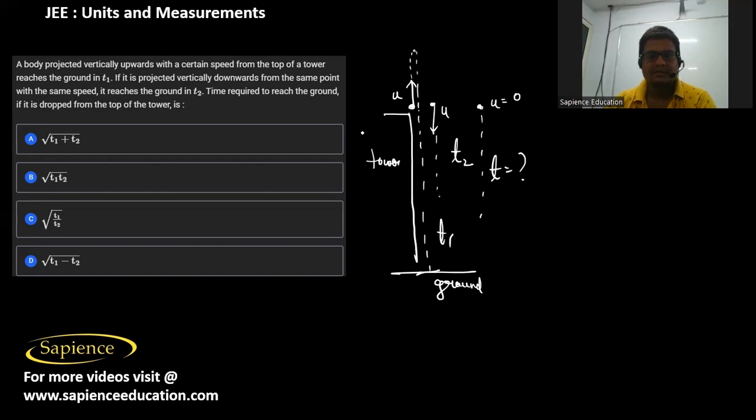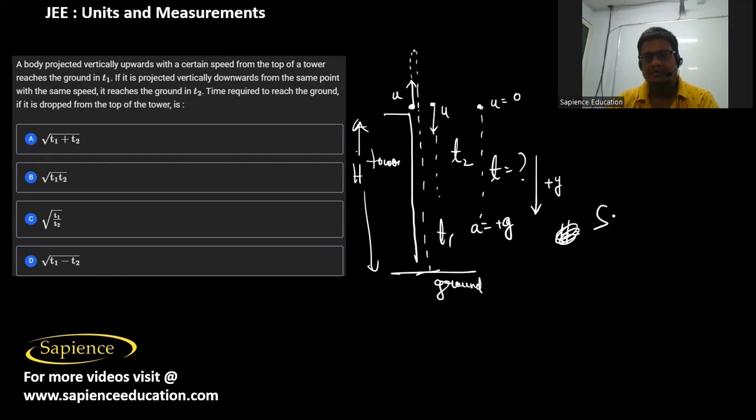So let's say the height of the tower is capital H. So the displacement in this case is h, and the acceleration will be equal to plus g, so we take vertically downwards as the positive direction of the y-axis.